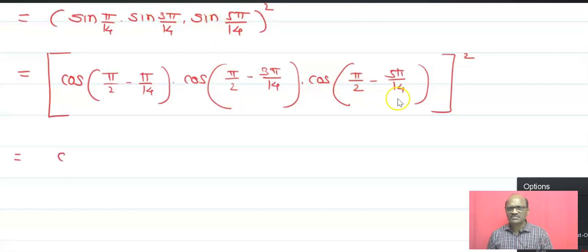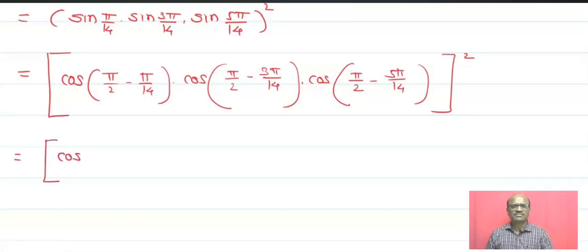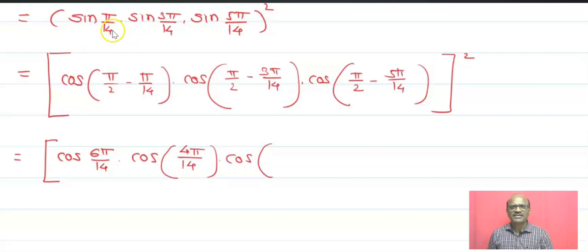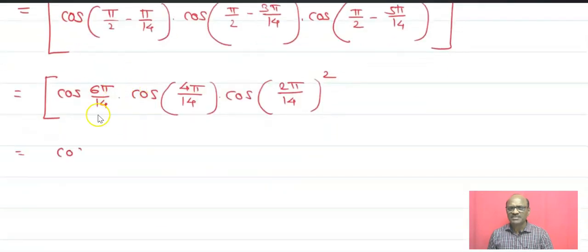Again, the last term. Now, what is the value of these two terms? That is equal to cos of, now here we have simplified by multiplying the numerator by 7. Therefore, 7 pi minus pi, that is 6 pi by 14.